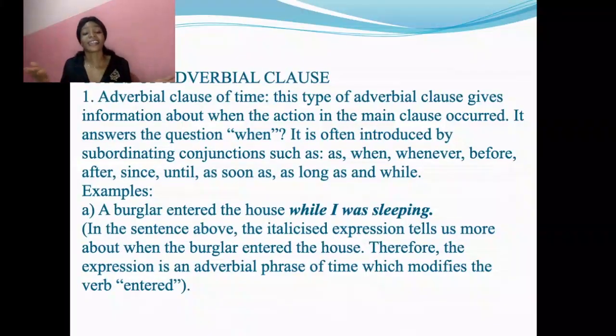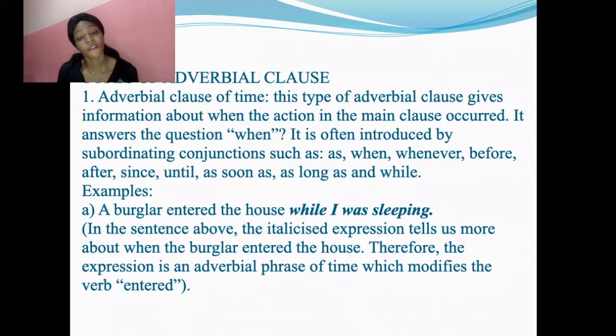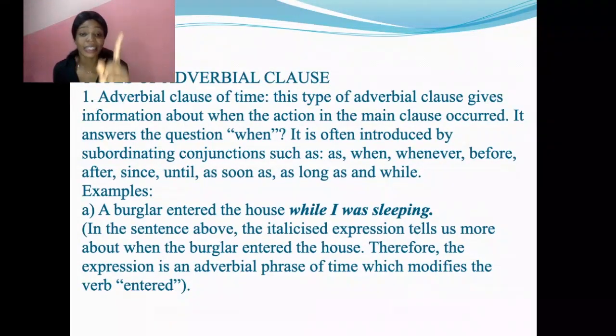Okay, now let's look at the types of adverbial clauses. Number one adverbial clause we'll be looking at today is the adverbial clause of time. Now, time, what does it entail? It tells us when something happens. That's all the adverbial clause of time does. It is a group of words, and being that it is an adverbial clause, this group of words must contain a subject and a verb.